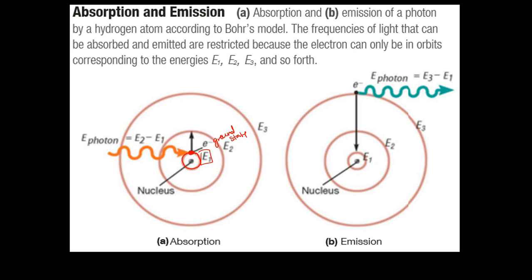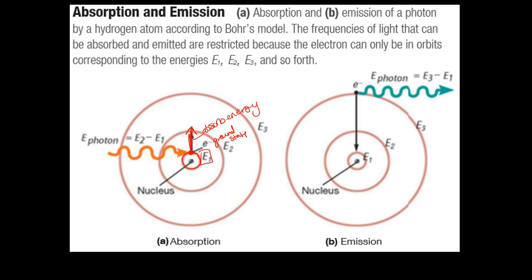Let's say for a lab, we're going to do the flame test lab. We're going to add heat to this atom. The electron is going to absorb energy, and it's going to move to the next energy level.